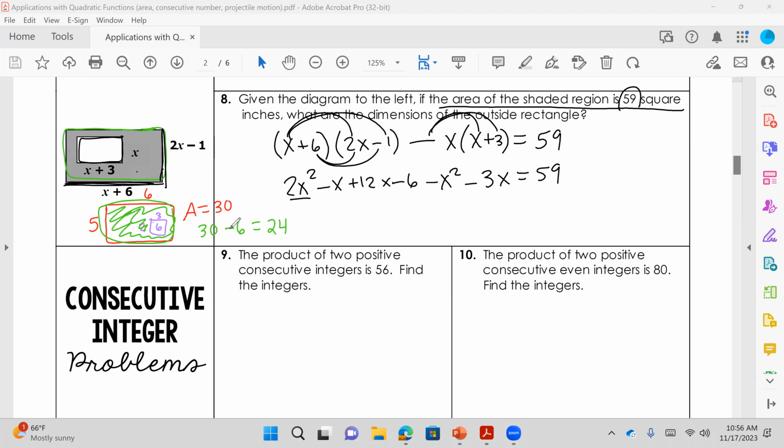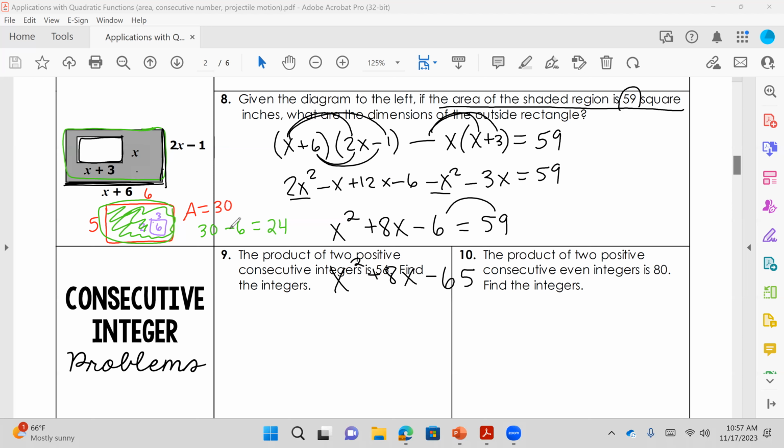This will be x squared. Negative x plus 12x is 11x minus 3x is 8x. And then minus 6 equals 59. We'll move the 59 over, so we'll have x squared plus 8x equals negative 65.